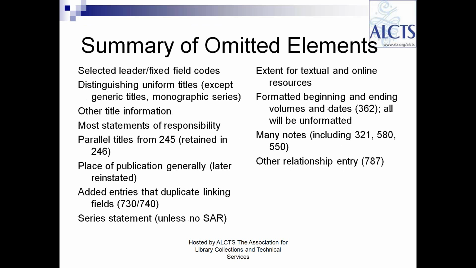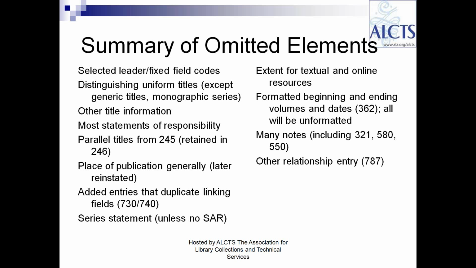Here is a summary of the elements that we would omit, meaning that they would not be required elements in the creation of a CONSER record. One of the most significant ones is the second one listed here, the distinguishing uniform titles. What we identified through review was that there were two instances in which the distinguishing uniform title was very important. One was for generic titles, and we wrestled with how you define a generic title.